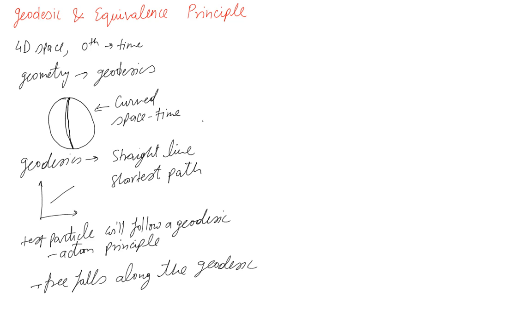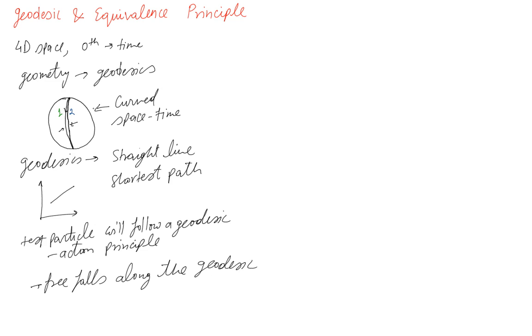Okay, now according to the equivalence principle, the two nearby geodesics, let's say you drop two test masses, first here and second here.